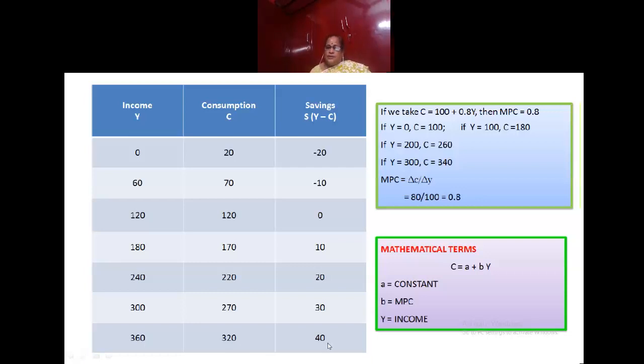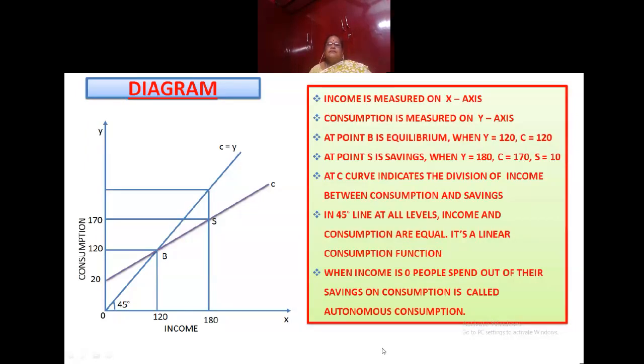Let us come to the curve. This is the x-axis. What is measured? Income is measured on the x-axis. Consumption is measured on the y-axis. These are the two points given here.